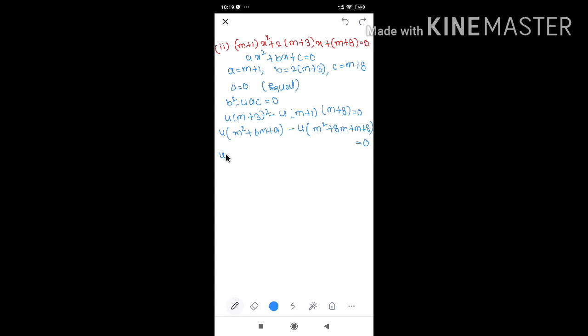Multiply m inside, 4m square, 4 6s are 24, plus 4 9s are 36 minus 4m square, 8m plus m 9m, 9 4s are 36 minus 36m, 4 8s are 32 minus 32 is equal to 0. Here plus 4m square minus 4m square will get cancelled. 24 minus 36 is minus 12m and next 36 minus 32.